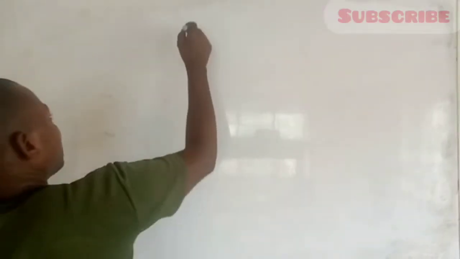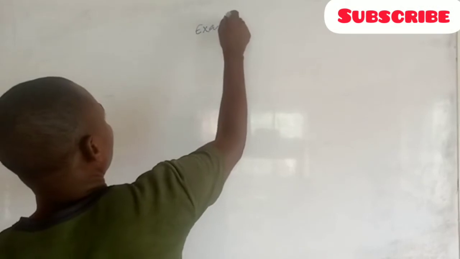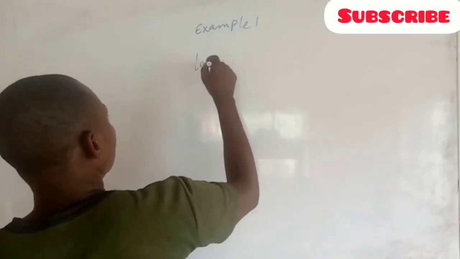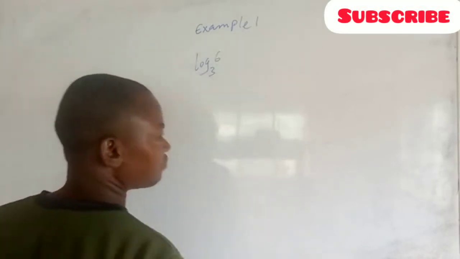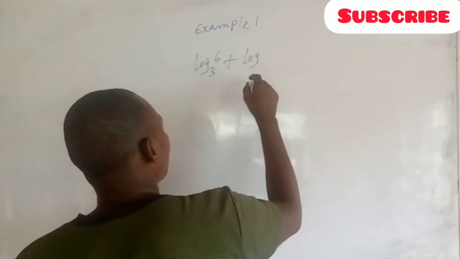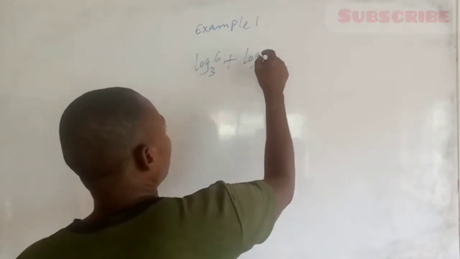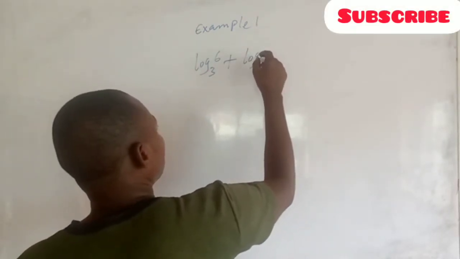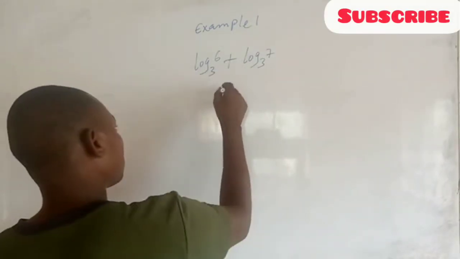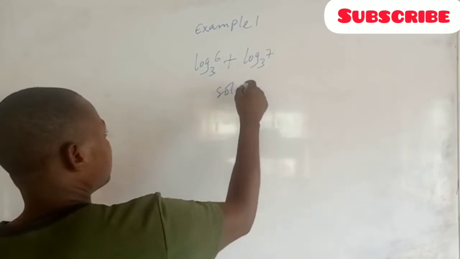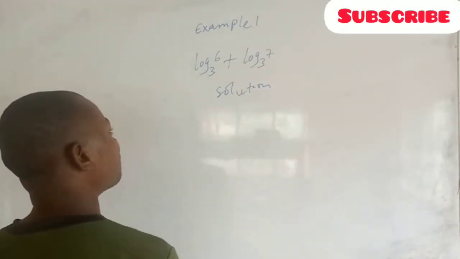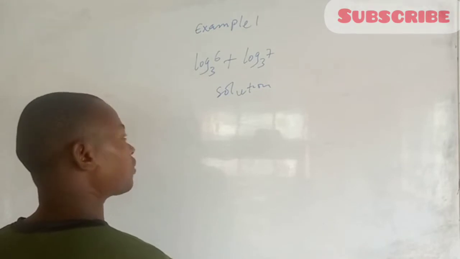For example, example 1, you have log 3 of 6 plus log 3 of 7. So solution: according to the law of logarithm, we are going to pick one of the log and pick one of the base and multiply the power.